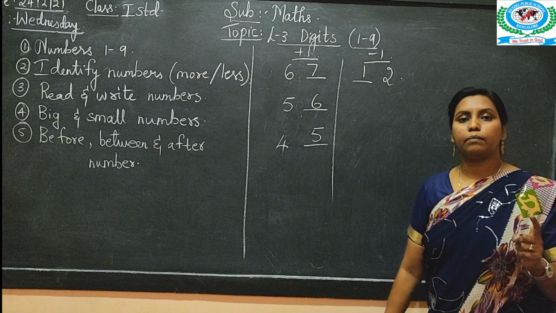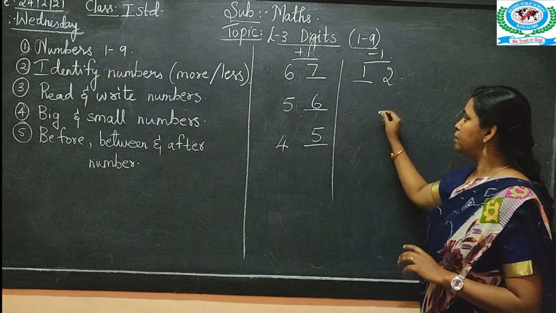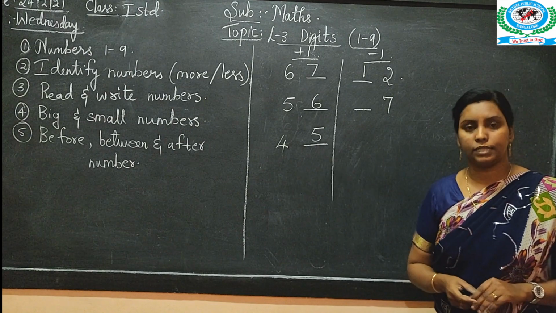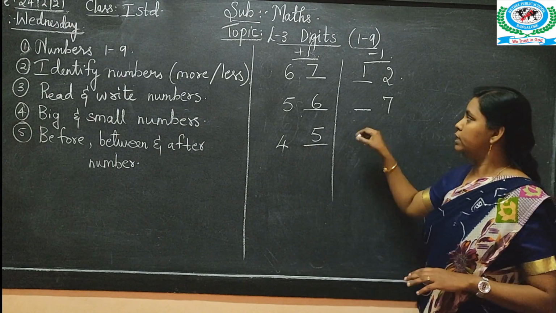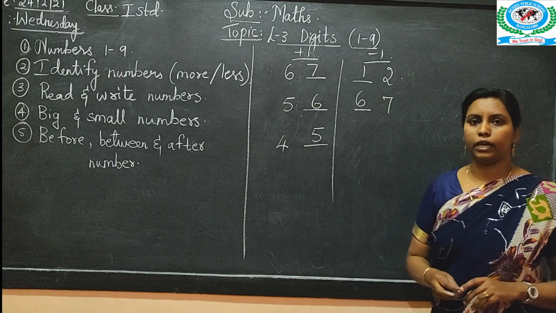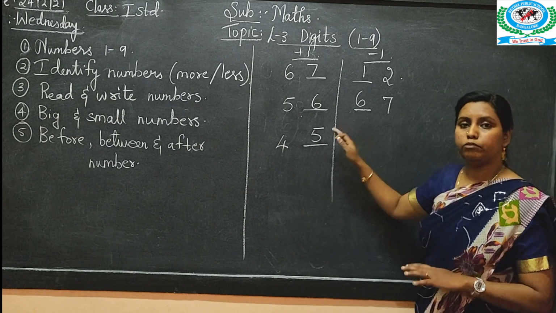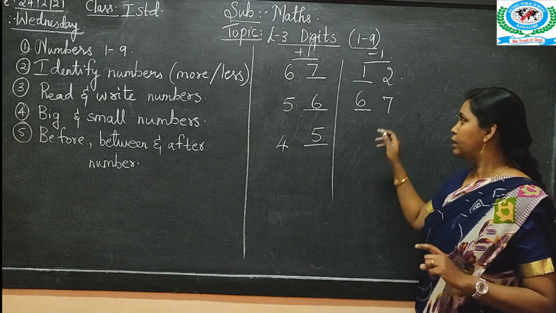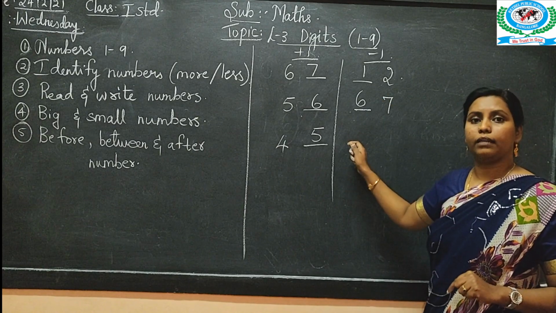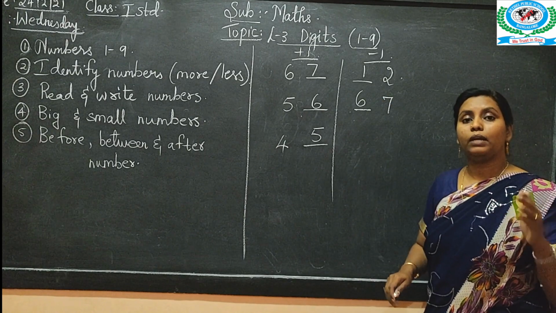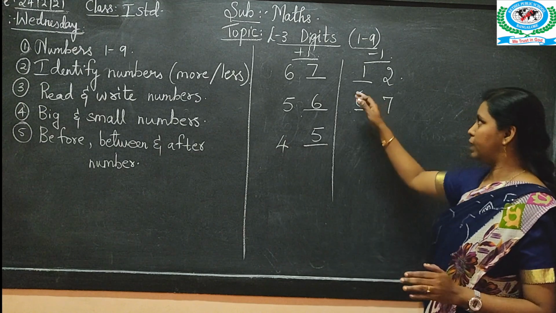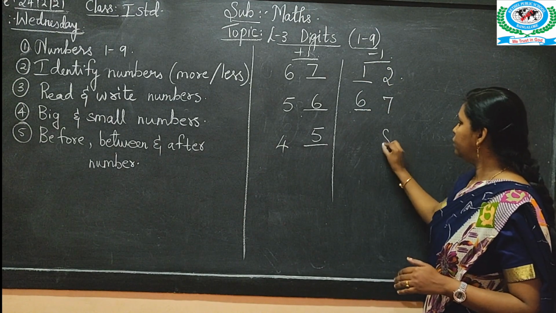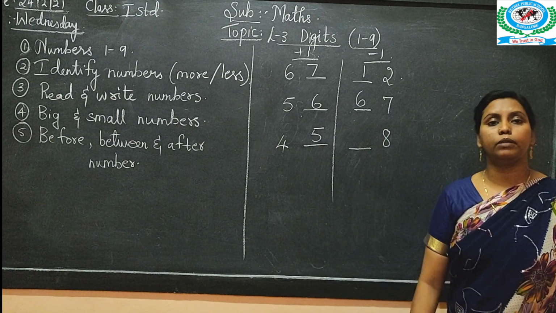That is the number before 2. Similarly, what is the number before 7? It is 7 minus 1, which is 6. The number which comes before 7 is 6. How did you get that? Because you are taking one away, it is one number less. You are subtracting 1. Understood? For example, before 8, what number do you get?